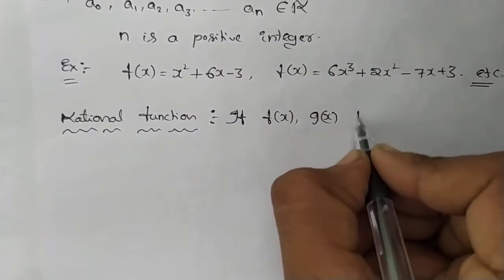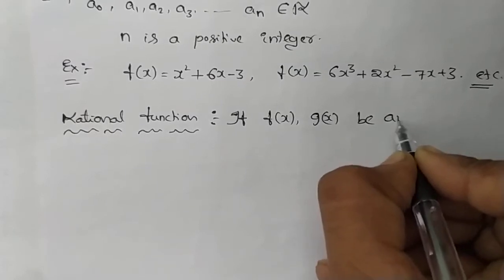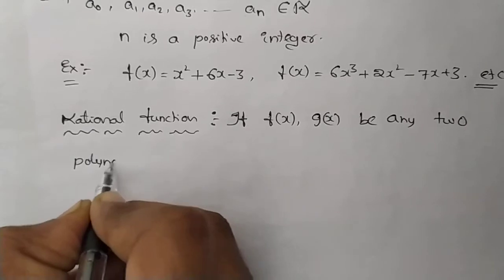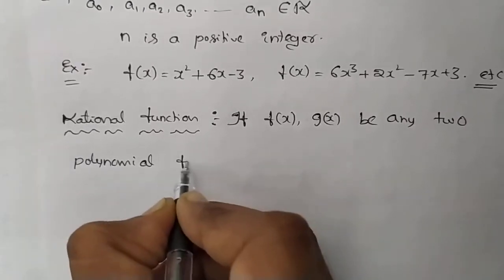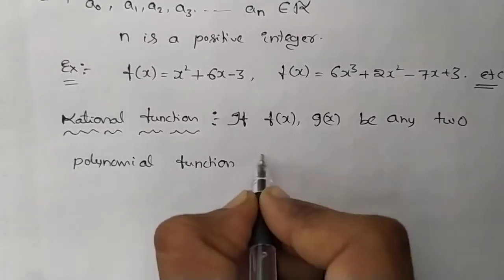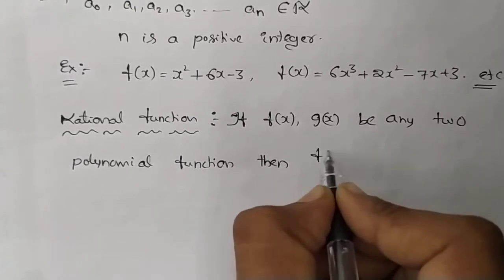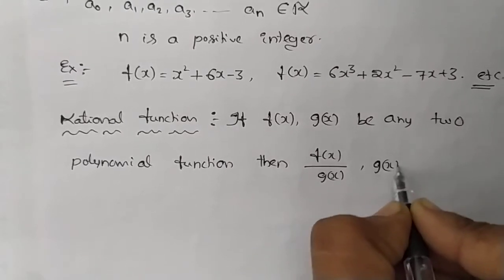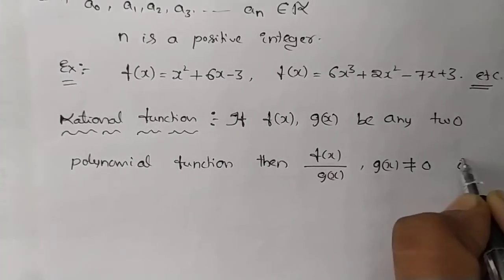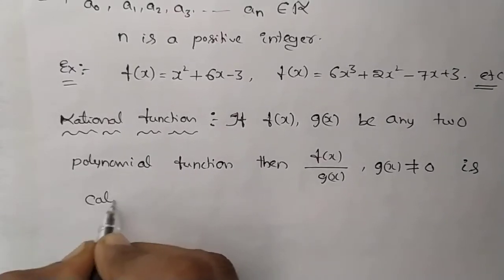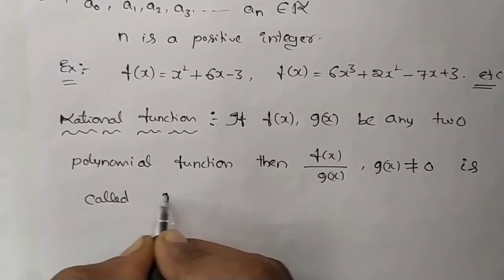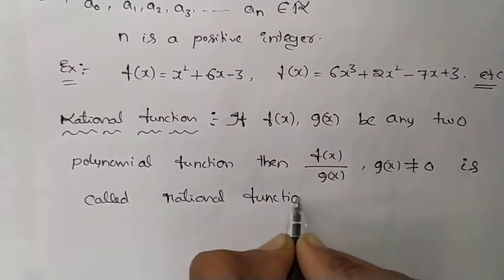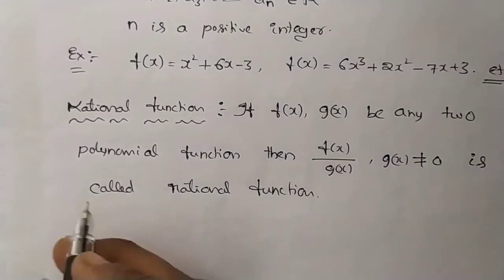If f of x, g of x be any two polynomial functions, then f of x by g of x, where g of x is not equal to 0, is called a rational function.